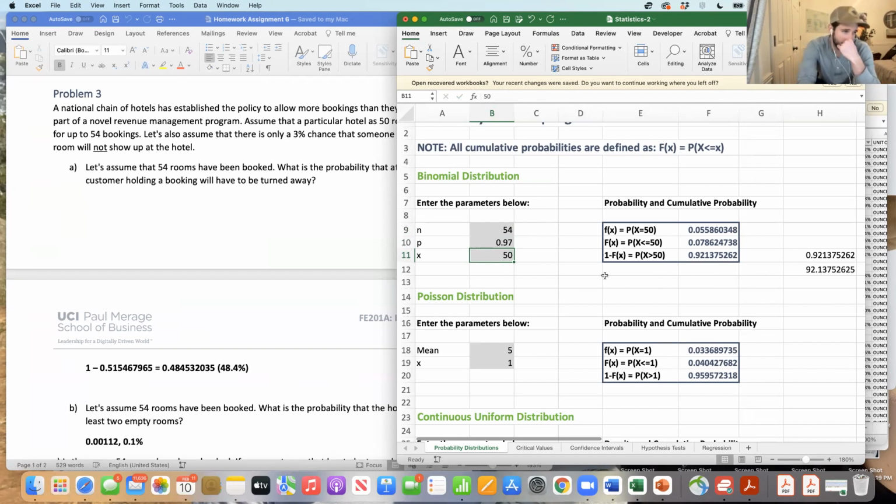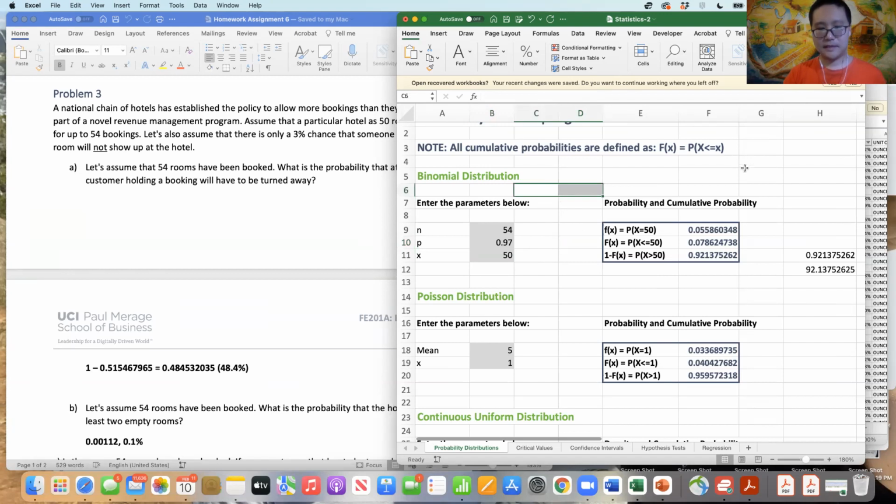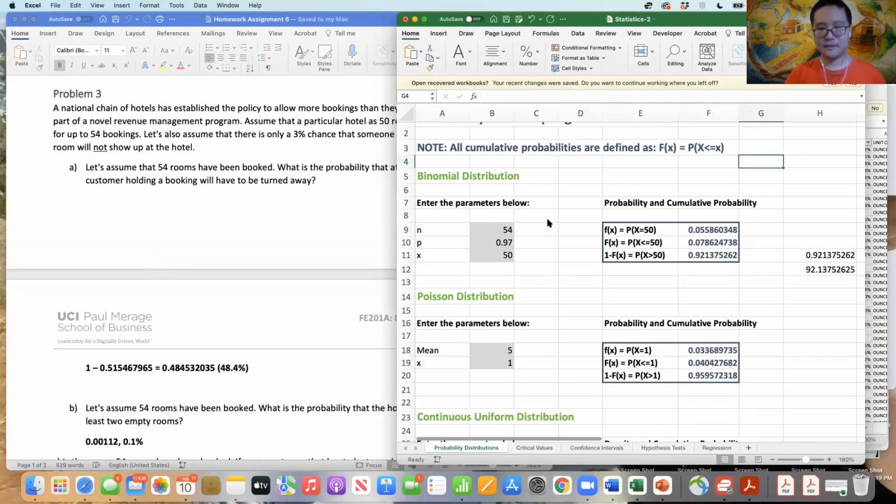Is that looking like we're in the ballpark? Yeah. How about other students? Do you all follow here? So basically, that means among the 54 people booking, we have 50 successfully booked and the remaining 4 not booked.